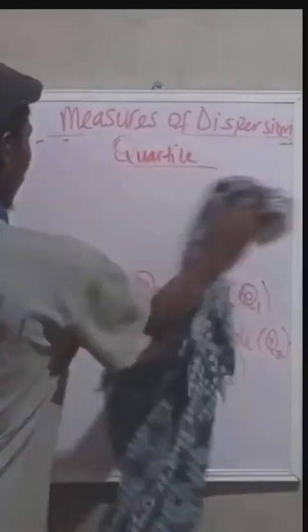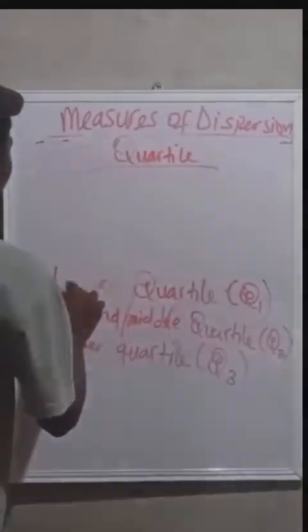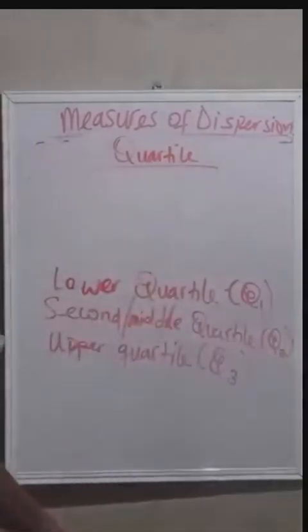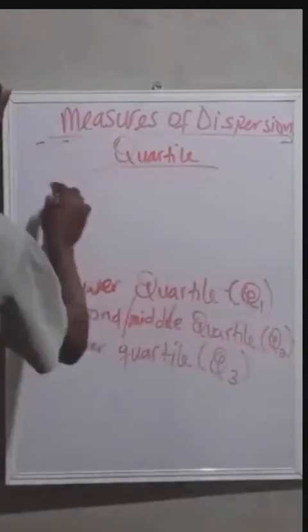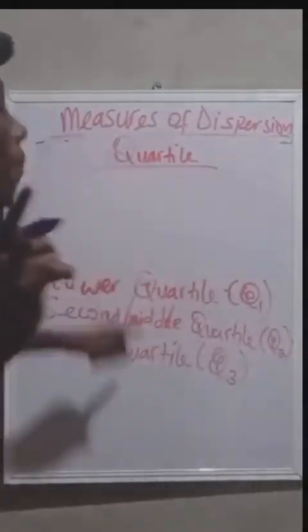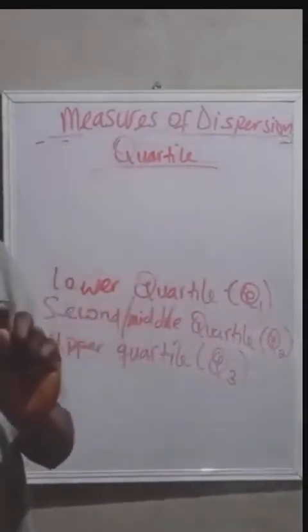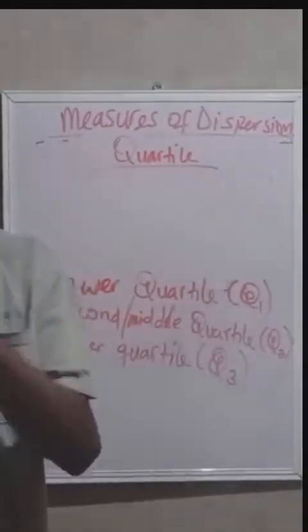So before I explain what I have down here, what do we mean by semi-interquartile range? I actually mentioned that before. Semi-interquartile range is the upper quartile minus the lower quartile divided by 2. But before you can get to semi-interquartile range, you need to get to interquartile range first.